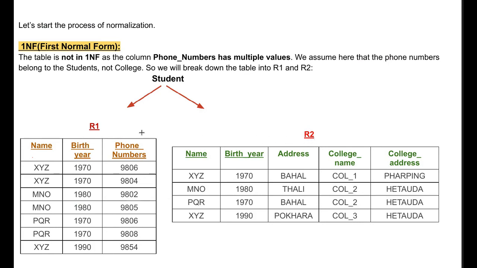We brought phone numbers into a different table, so that now this table has name, birth year and phone numbers. We had to bring these attributes together because if we use only one of them, it is not sufficient to uniquely identify the tuple or the student.